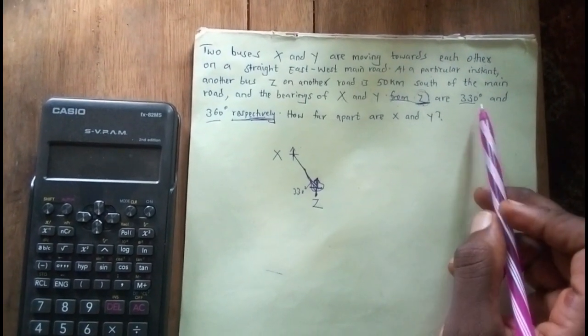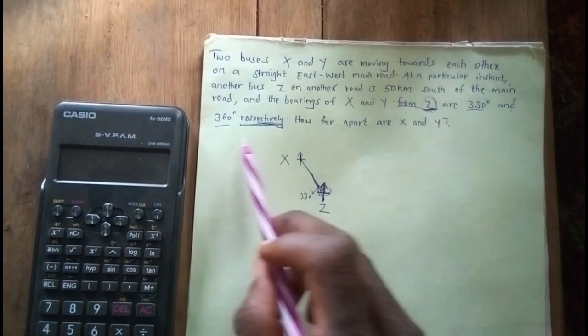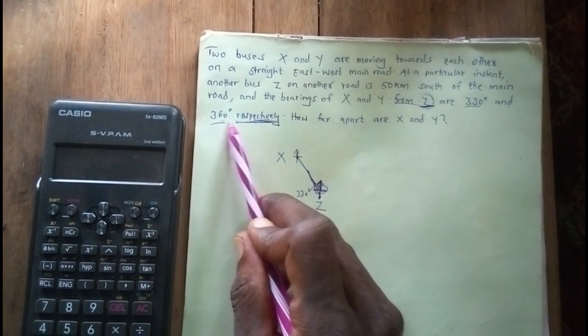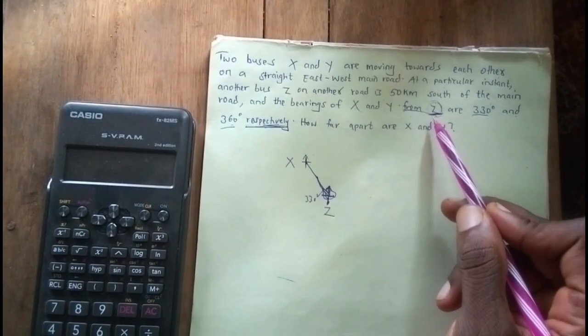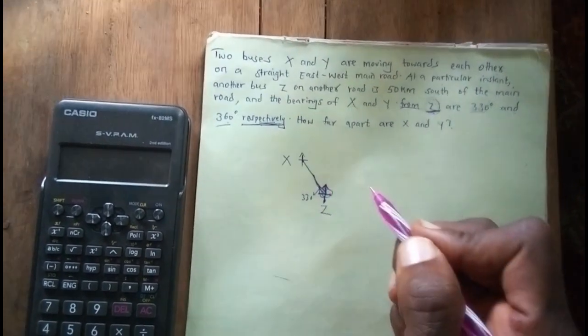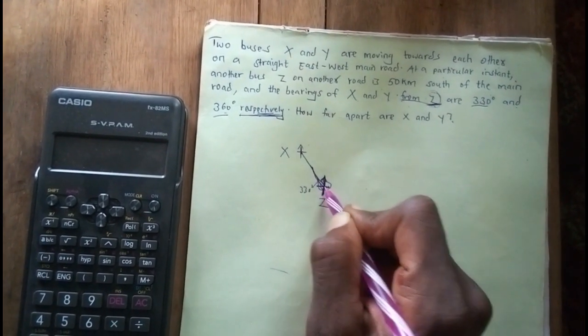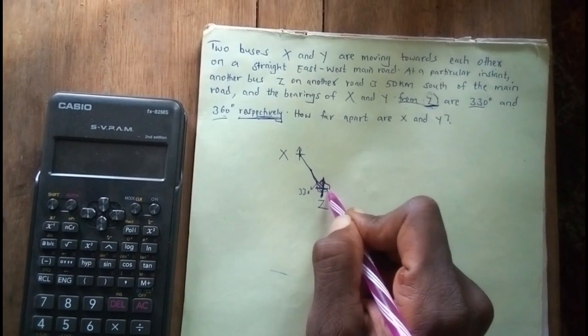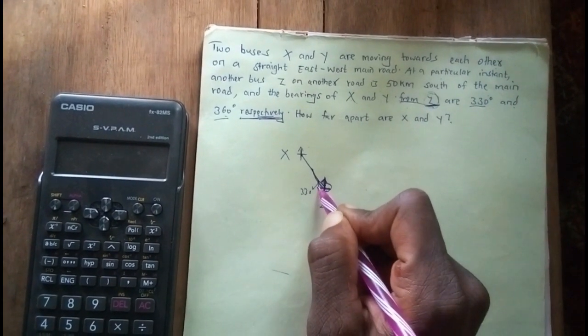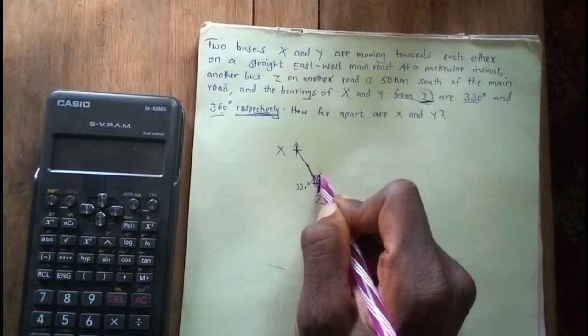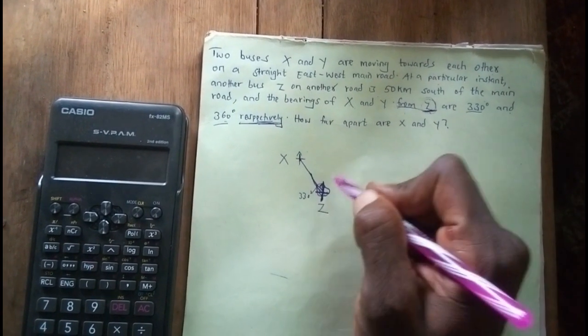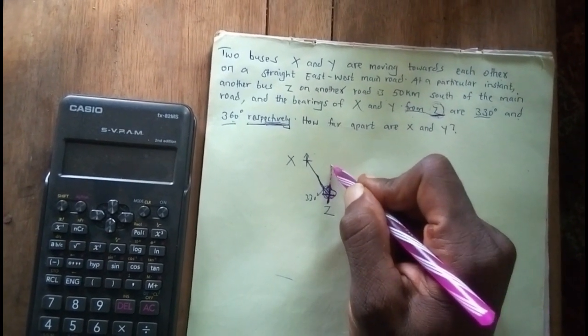This is X. Then you are told that Y is 360 degrees from Z again. So 360 again on point Z, we use the compass on point Z. So this is 90, 180, 270, 360.